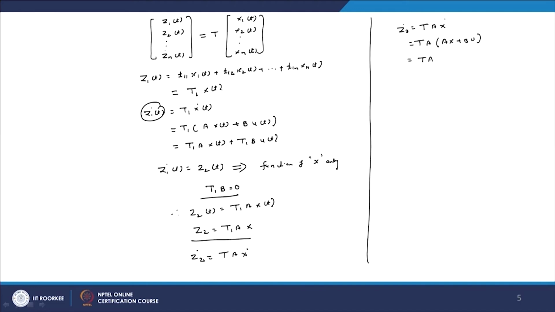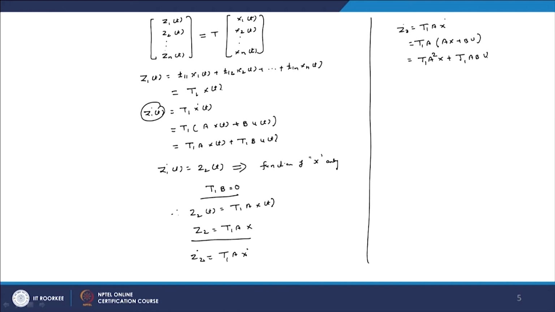So, T1 A square x plus T1 A B into u. So, now this z2 dot equal to T1 A square x plus T1 A B into u.